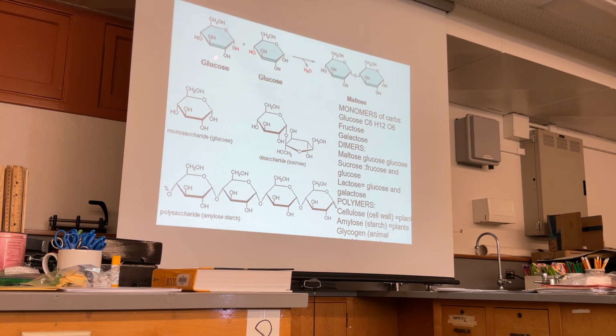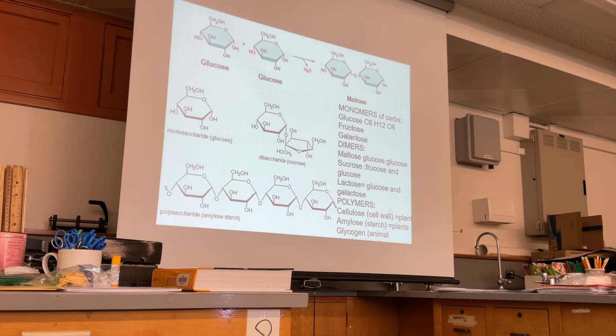But if we had glucose and galactose, which is another monomer, then we end up with lactose. And lactose can be hydrolyzed by lactase, right? So we could use enzymes to break and hydrolyze, but you guys also did a dehydration reaction to synthesize maltose.